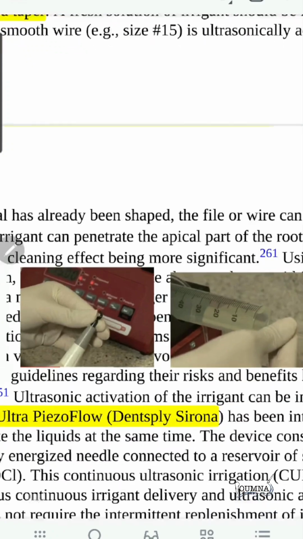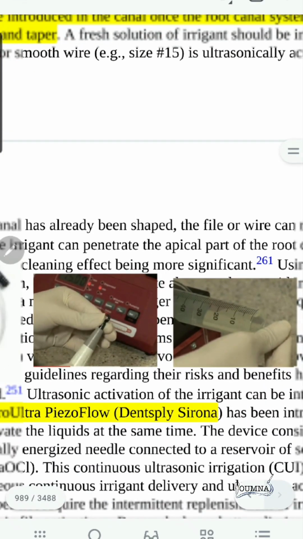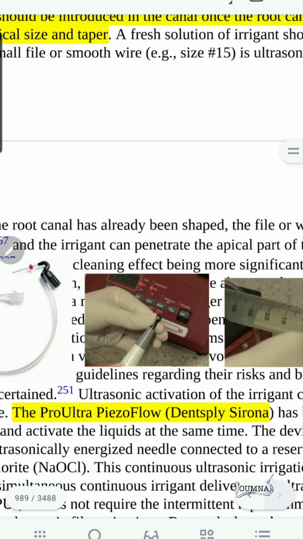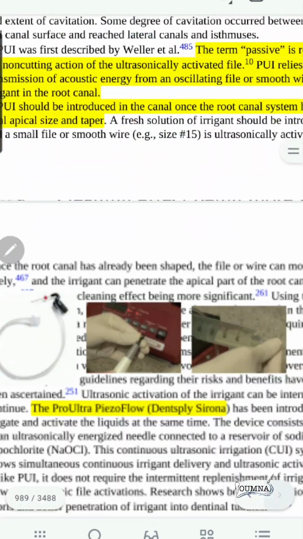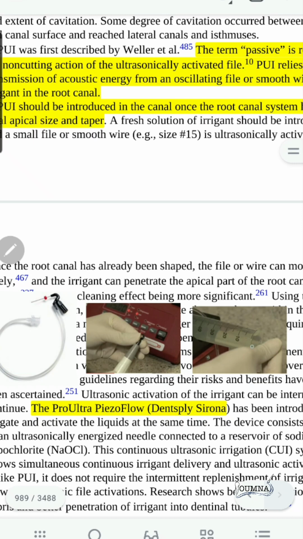This device does the irrigation and the activation at the same time. Here we put in the large syringe the hypochlorite and we connect this tube to it, and the other side is connected to the ultrasonic engine.